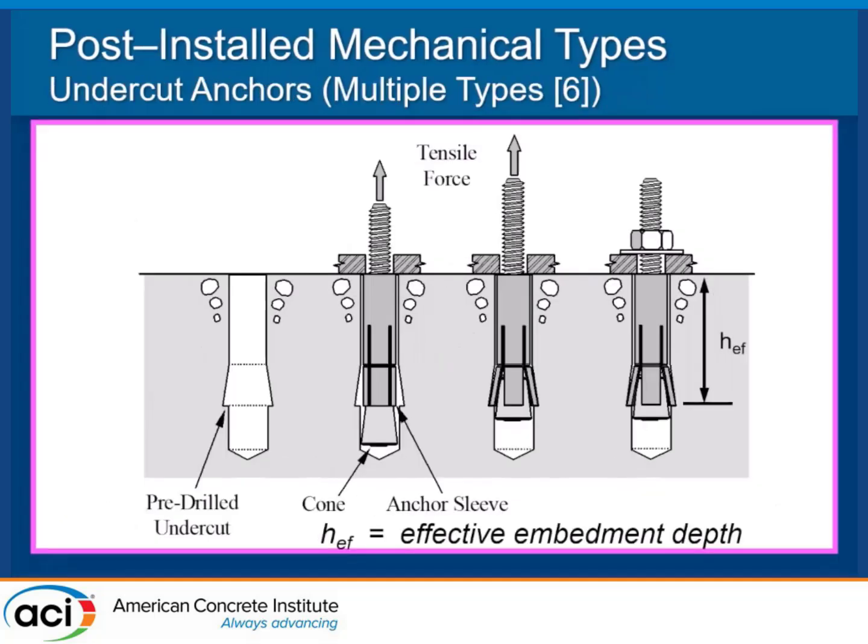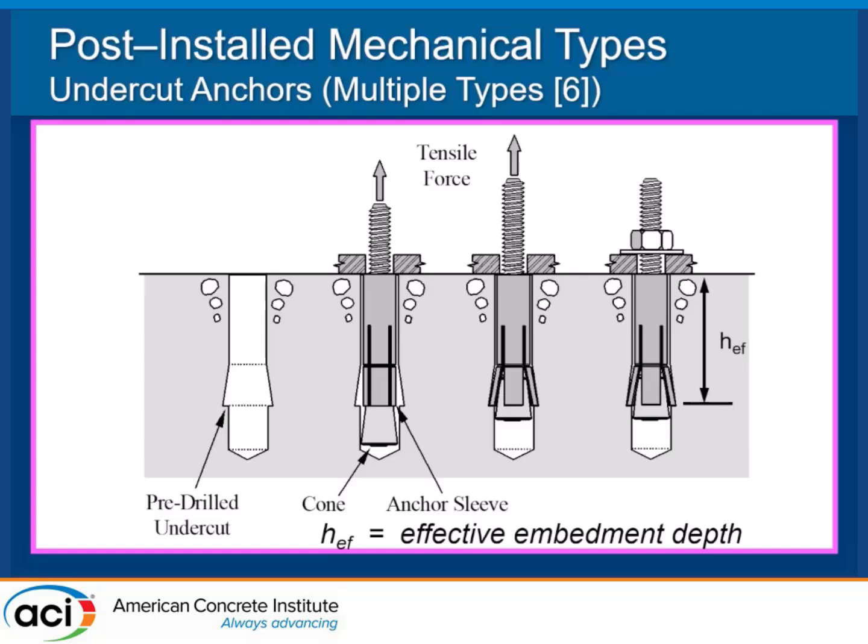And the best post-installed mechanical anchor, what these are called, are undercut anchors. That's where you drill a hole, then you have to go in and drill again, so there's an extra step, and you cut a wider, like a bell. You ever heard of these things called bell caissons or something like that, where you widen out the base at the bottom? That's kind of what you're doing here.